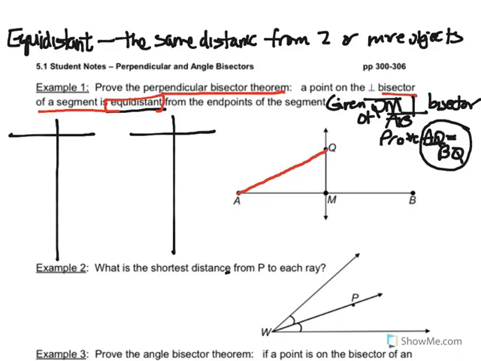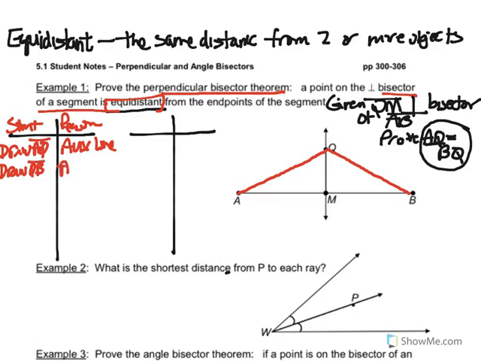Draw AQ, and we'll call that auxiliary line. Let's write statement, reason. Okay, and then we're going to draw QB. And again, that's auxiliary line.